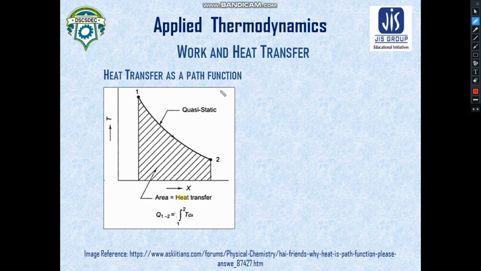So you know that the integral of dq from 1 to 2 cannot be written as q2 minus q1, because this is a path function. So we can write q1 to 2. Since it is a property which depends on the path, we need to know the specific path.